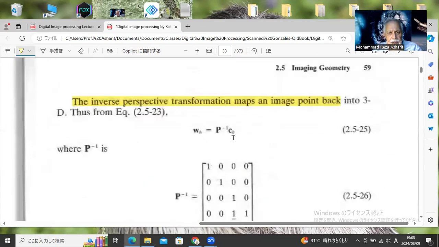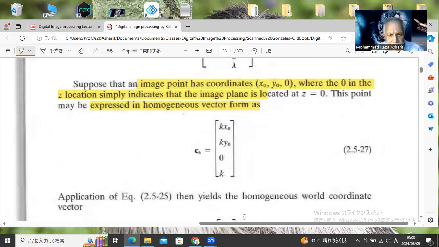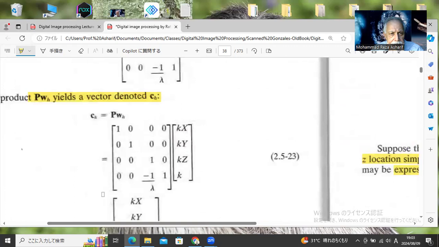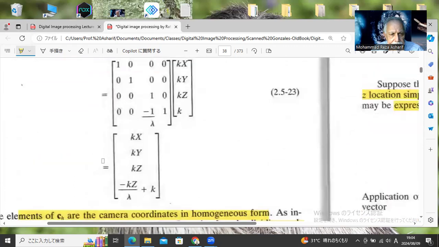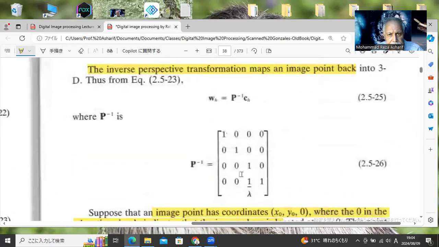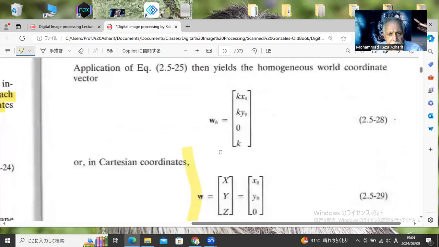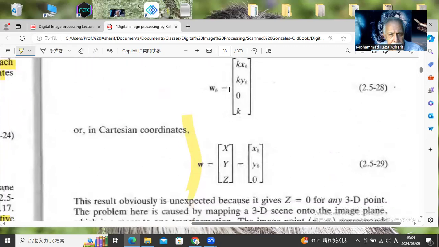If you multiply this by this, then you get this one, which in the Cartesian coordinate, you can divide, is x0, y0, and z, which is x, y, z is 0.